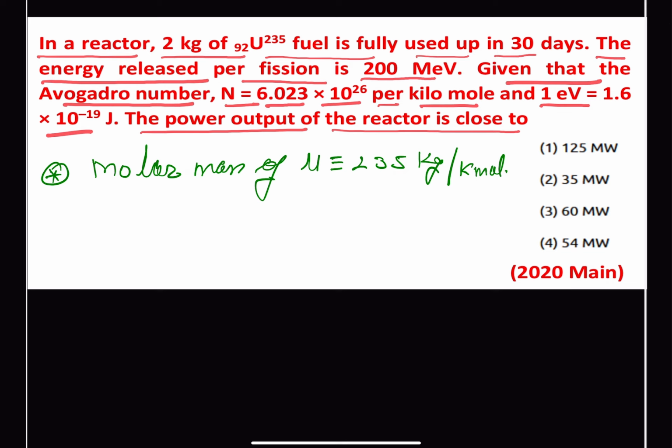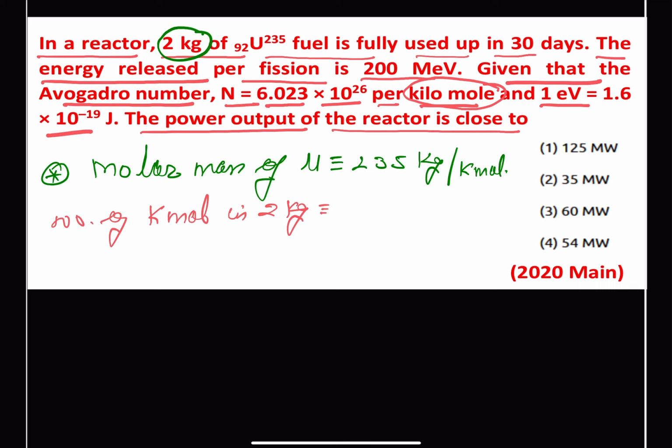The mass that is given to us is 2 kg. So we are going to find out the number of moles in 2 kg. Because the Avogadro number is mentioned per kilomole, we are going to find out the number of kilomoles in 2 kg.